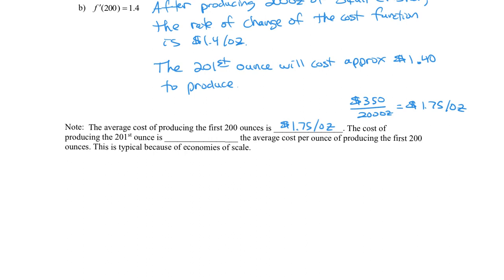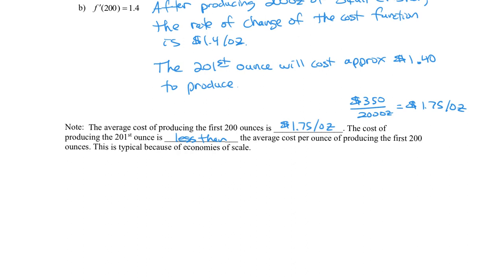But the cost of producing the 201st ounce is less than the average cost per ounce of producing the first 200 ounces, because we just found out the cost of producing that was $1.40 per ounce.